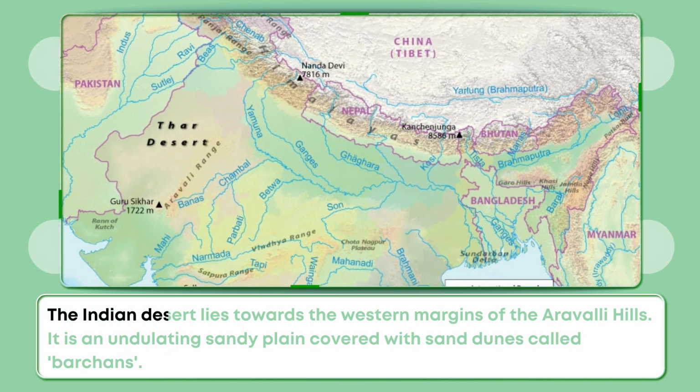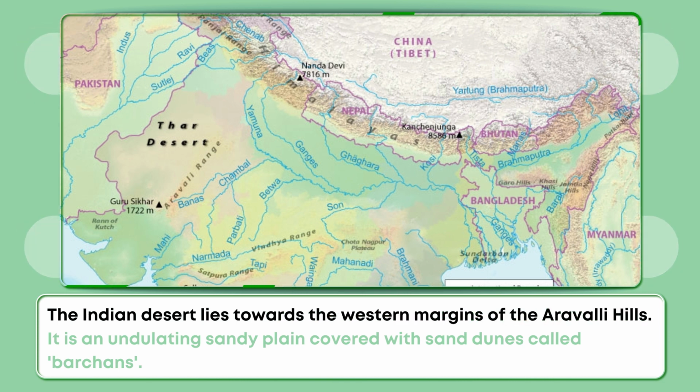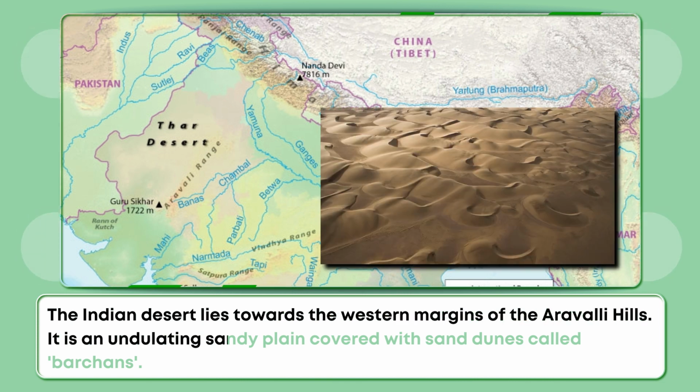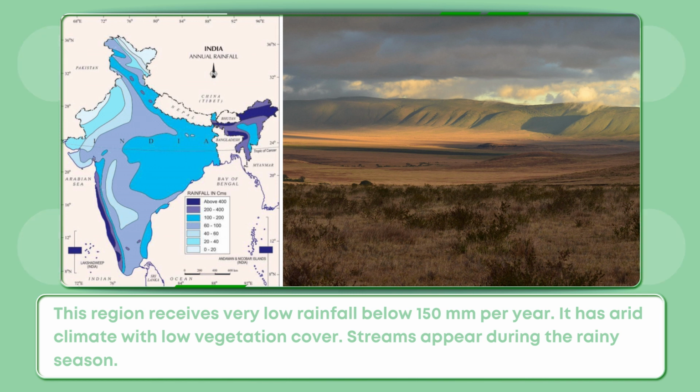The Indian desert lies towards the western margins of the Aravalli Hills. It is an undulating sandy plain covered with sand dunes called barchans. This region receives very low rainfall, below 150 millimeters per year.